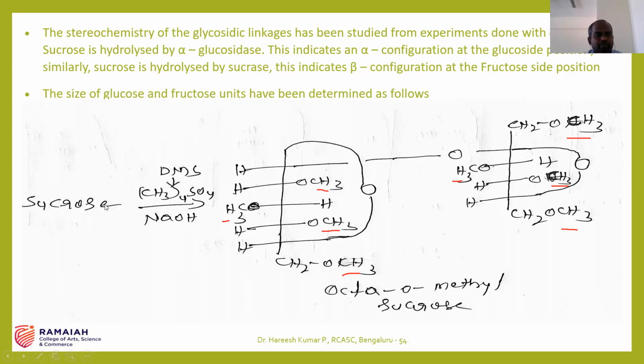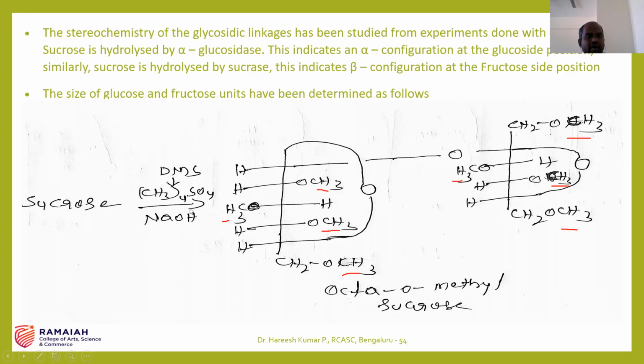Sucrose is taken and subjected to methylation. What is methylation? O-methylation, C-methylation, S-methylation. Sulfur means alkylation. Dimethyl sulfate is an alkylating agent. What will it do?